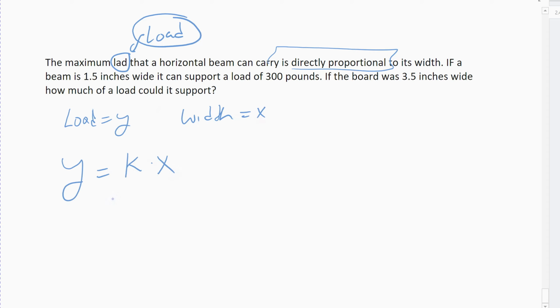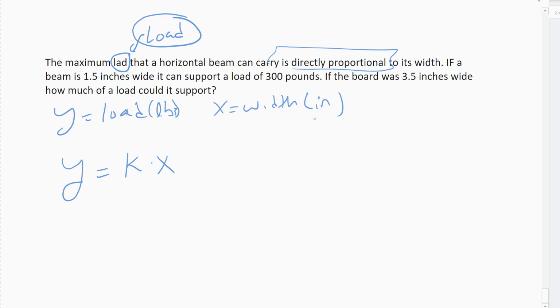So y equals the load in pounds, x equals the width in inches, and then they give us one. So if a beam is 1.5 inches wide, it can carry a load of 300 pounds.